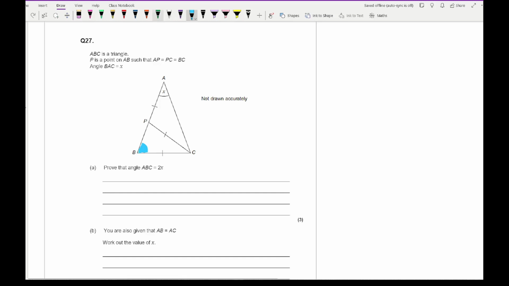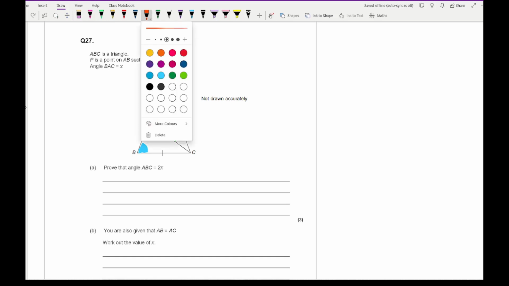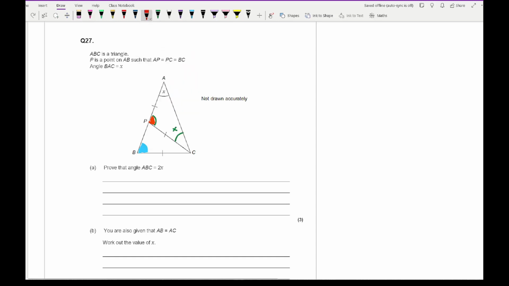Well, we know that this angle here, because APC is an isosceles triangle, is going to be x. So this angle here is x, as it's an isosceles triangle.